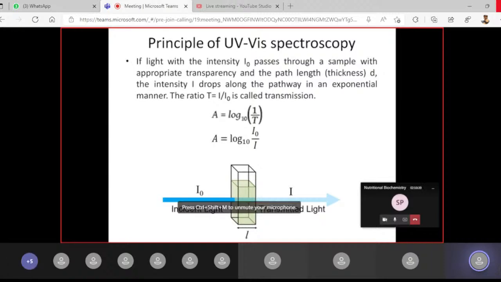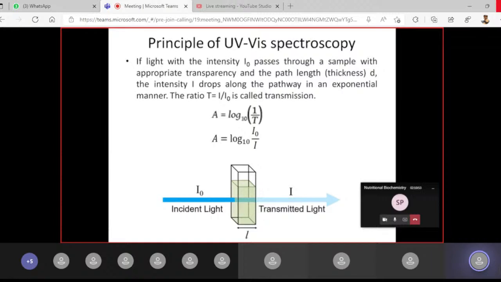That depends on the intensity of the color, and that intensity of the color in turn depends on the concentration of your sample. So if you have less protein and more protein, when you add biuret reagent, which tube will show a darker color, less protein or more protein?